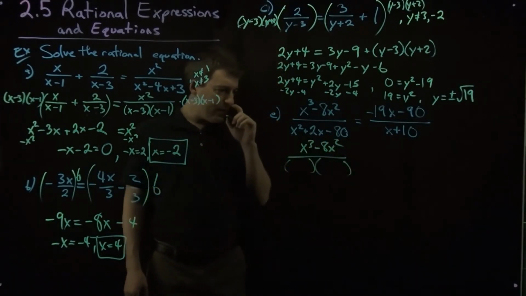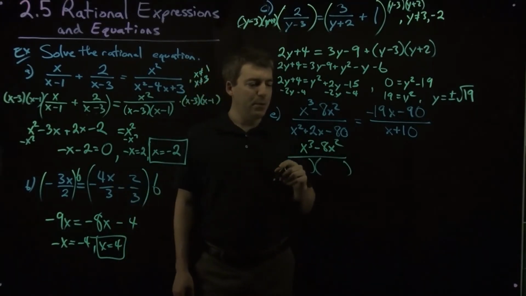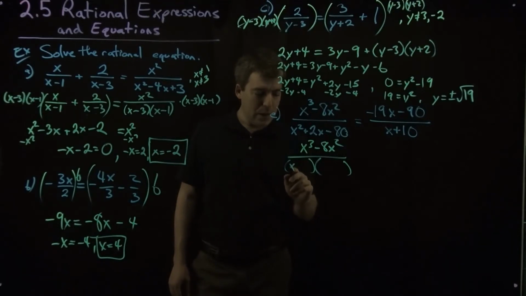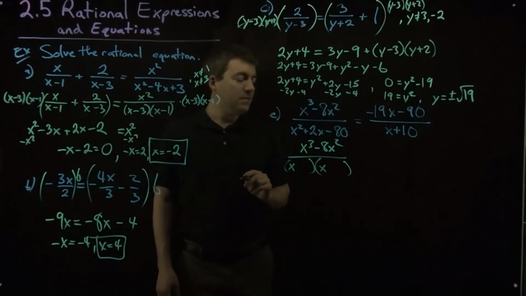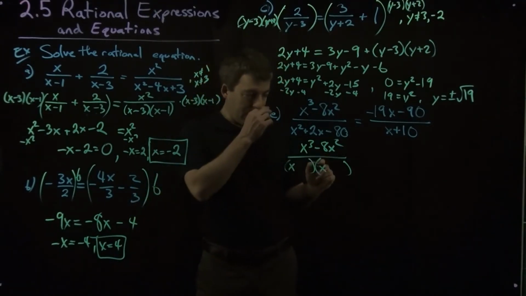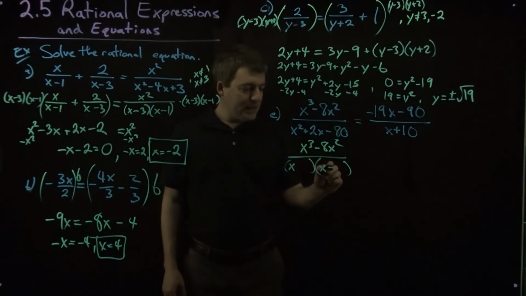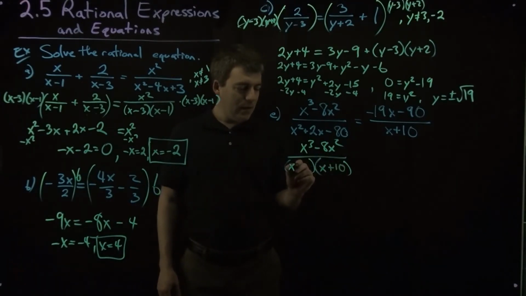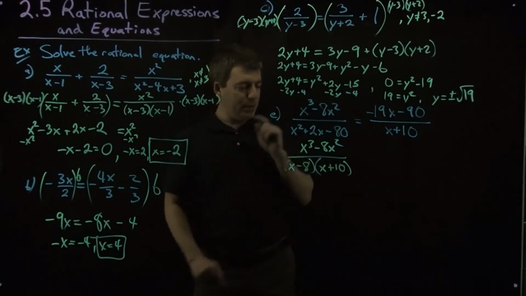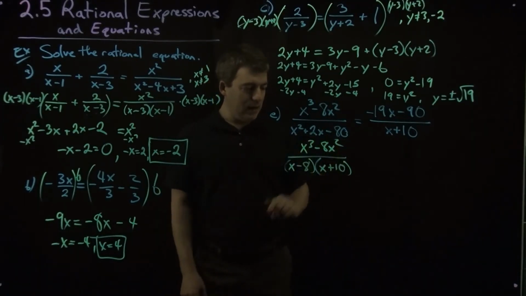We need pairs of factors of negative 80 that add up to positive 2. So looks like plus 10 and minus 8. Outside, inside, plus 2. Last, negative 80. Yeah, that works.